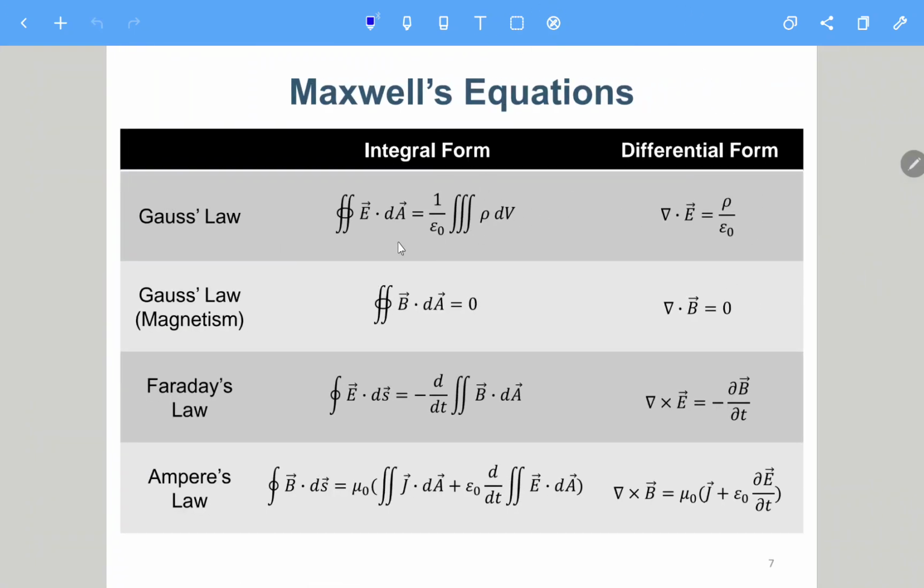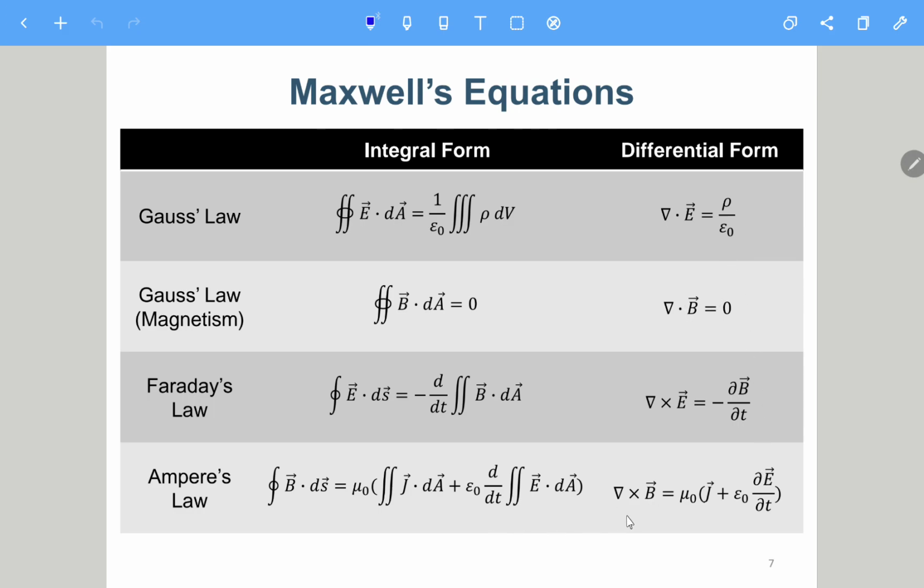Okay, so when we try to summarize the Maxwell equations for the integration form and the differential form, the integration form looks like this, after the slight modification for the number of integration signs and also the Q enclosed, the I enclosed.